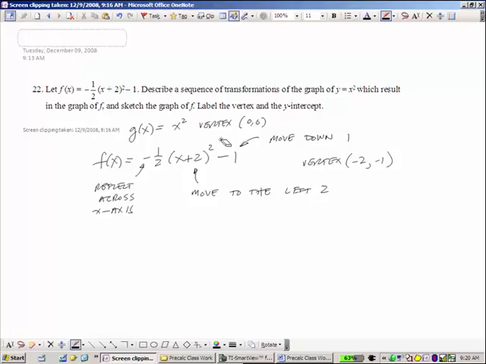It would be like saying that f of x is equal to -1/2 g of x plus 2 minus 1, where g is the x squared function. So we're affecting the y values, and because we're affecting the y values, Danny, we're going across the x-axis.